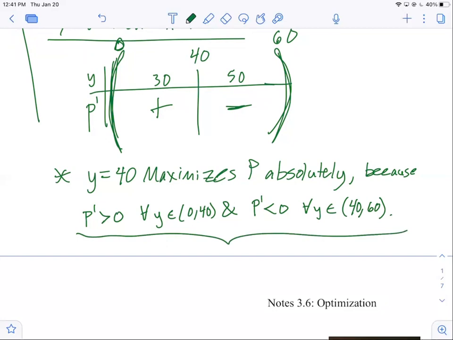Y'all know what the upside down capital A is, right? It means for all. So not for one. P prime is greater than 0 for all y on this interval, everywhere to the left on our relevant domain, and P prime is less than 0 everywhere to the right on our relevant domain. Therefore, P has an absolute max at y equals 40.